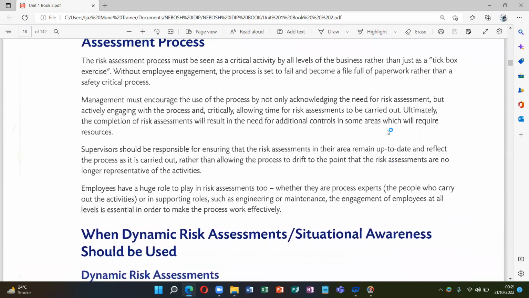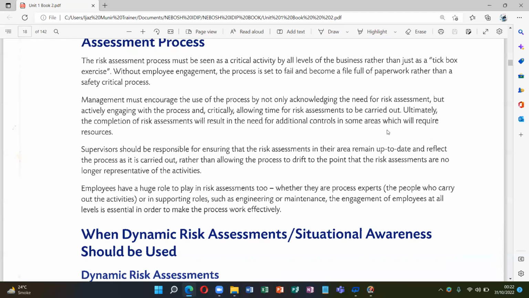Supervisors should be responsible for ensuring that the risk assessments in their areas remain up to date and reflect the process as it is carried out, rather than allowing the process to drift to the point that the risk assessments are no longer representative of the activity.